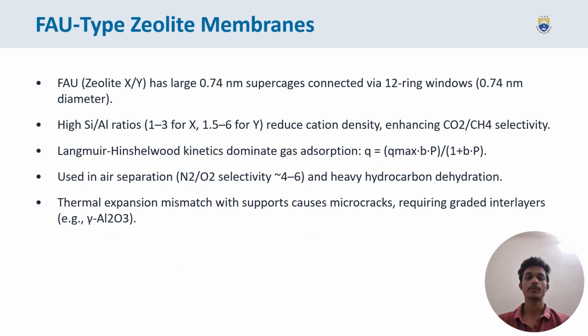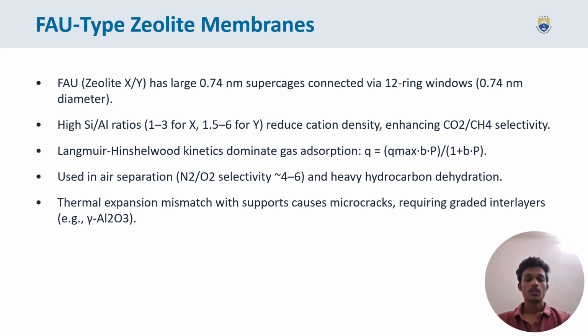FAU type zeolite membranes. FAU zeolite has large 0.74 nm supercages connected via 12 ring windows. High silicon to aluminum ratios reduce cation density, enhancing CO2 and CH4 selectivity.